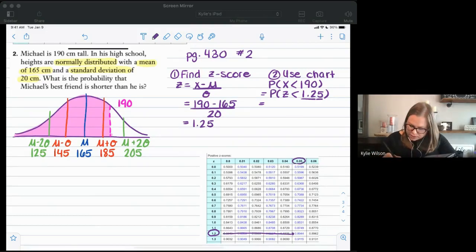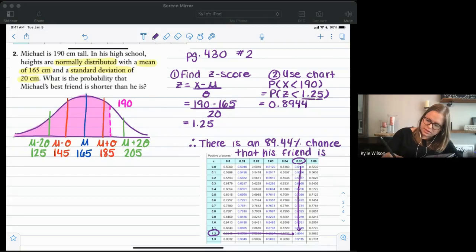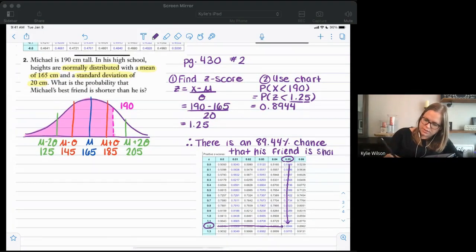So I look down here and down here, and I have 0.8944. So what that means is therefore there is an 89.44% chance that his friend is shorter. And that's it.